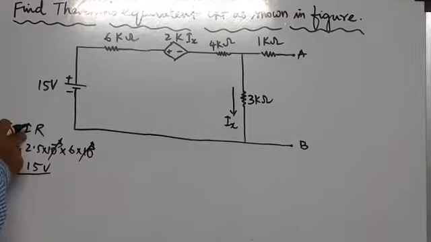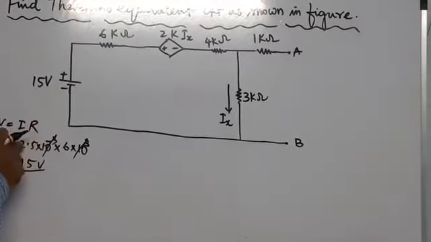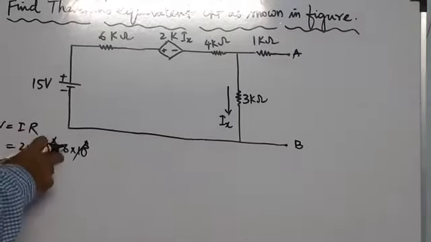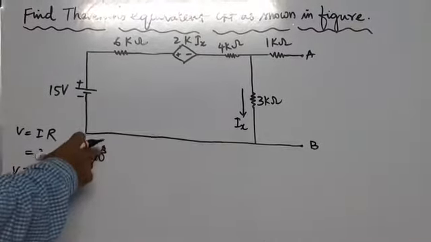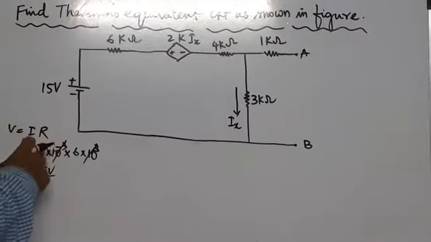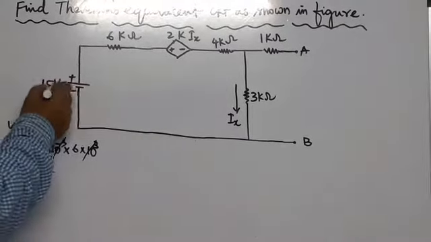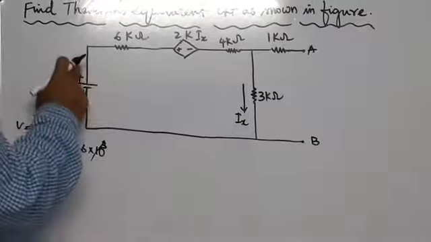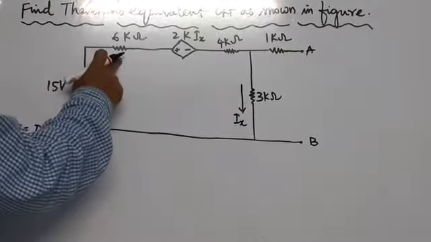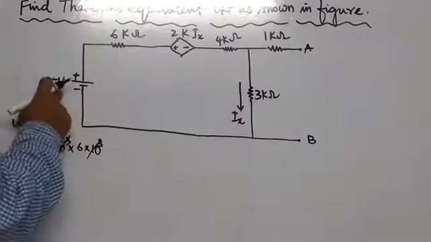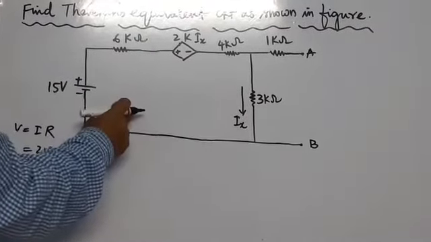How many volts? 2.5 into 10 to the power minus 3, that is 2.5 milliampere, multiplied by the resistance 6 into 10 to the power 3. The 10 to the power 3 and 10 to the power minus 3 cancel. 2.5 into 6 is 15, so 15 volts. If a voltage source is there, you connect the resistance in series. If a current source is there, you connect the resistance in parallel.